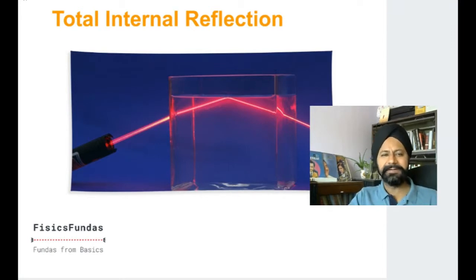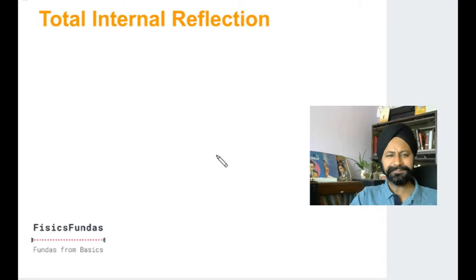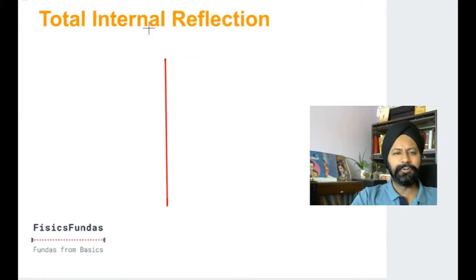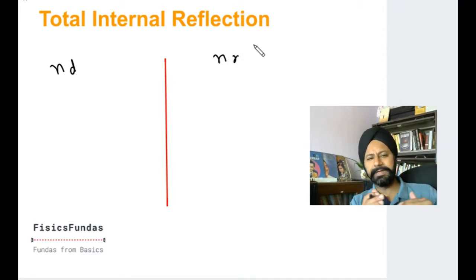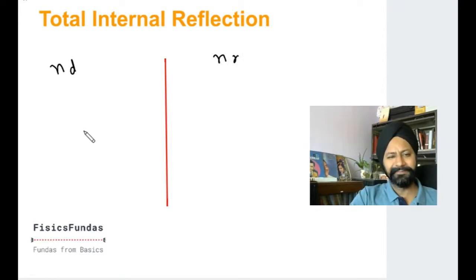But let's understand what total internal reflection is. Very basic idea there. Let's say there is light that is going from a denser to a rarer medium. And that's the key here. And we all know the light goes away from the normal, right? We have already seen that. So let's say there's a normal here, and there's a ray of light traveling in this direction.